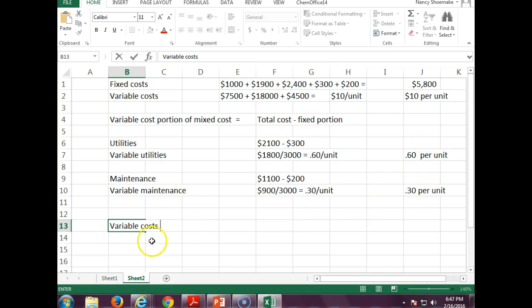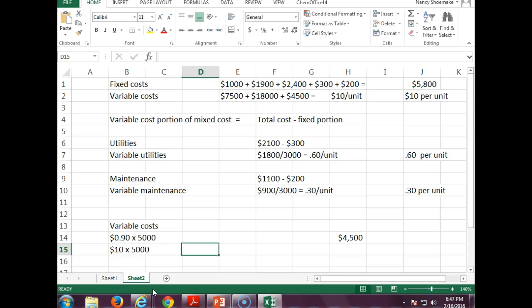90 cents times 5,000 is what? $4,500. And then what are our $10 variable costs times 5,000? 50,000.